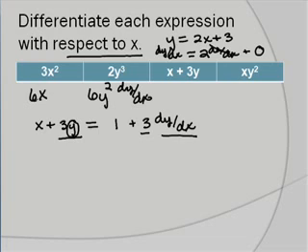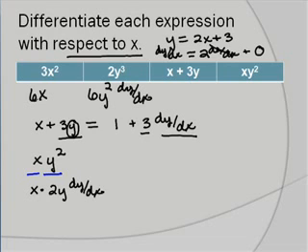Now let's take the last one, x y squared. If we're differentiating with respect to x, we have two factors here, and so we're going to have to do the product rule when we differentiate. So let's take x times the derivative of y squared. So it'll be 2 times y to 1 less power times the derivative of y.